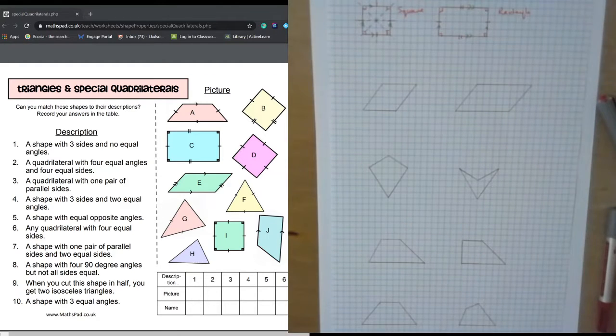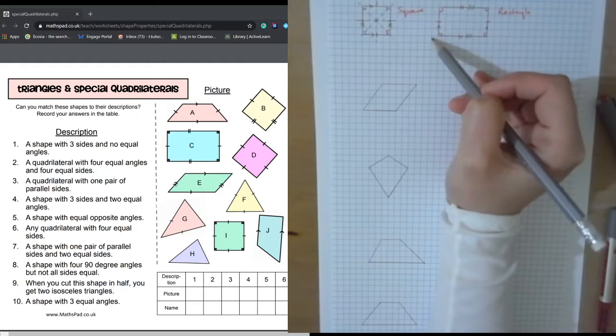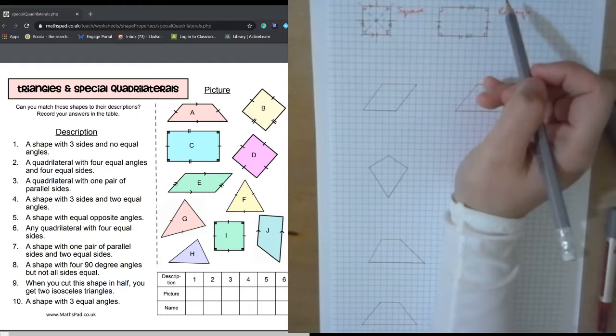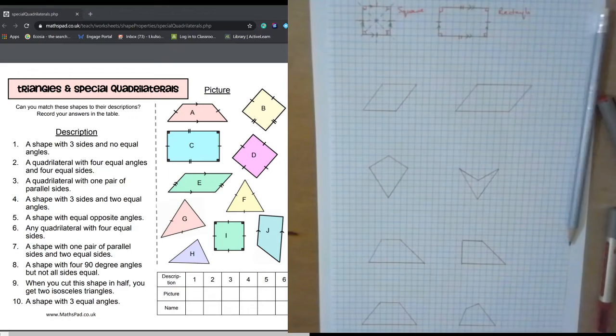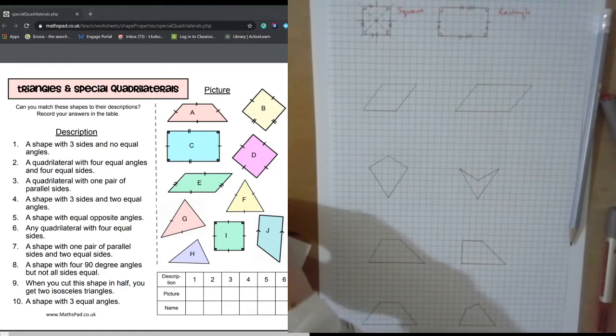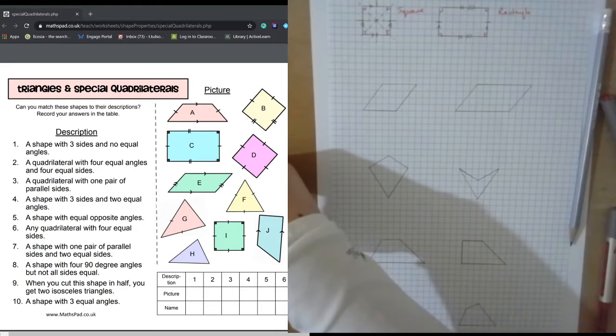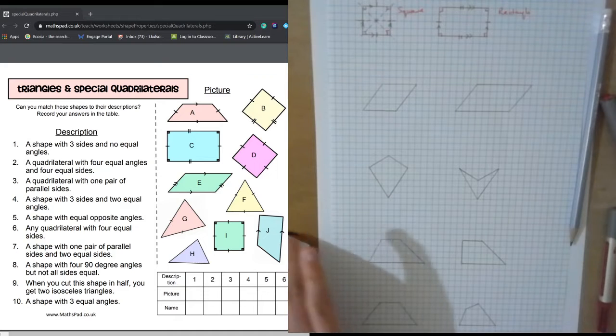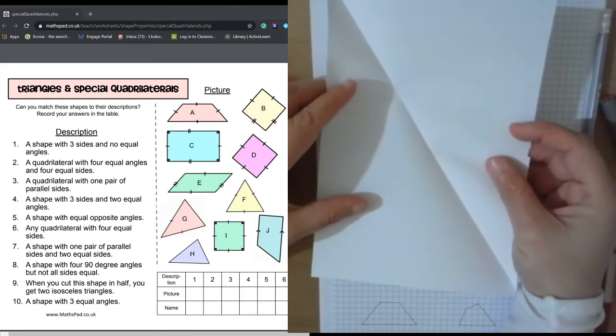Okay, in terms of lines of symmetry, if I go and get a rectangle and I try and fold it, it will not reflect. So a lot of people seem to think there are lines of symmetry in a rectangle. There are not. Well, not in the diagonals anyway, sorry. So just want to run it through with you guys. This is a rectangle.